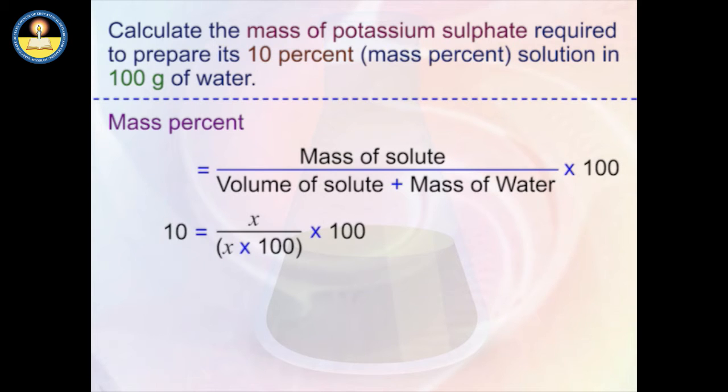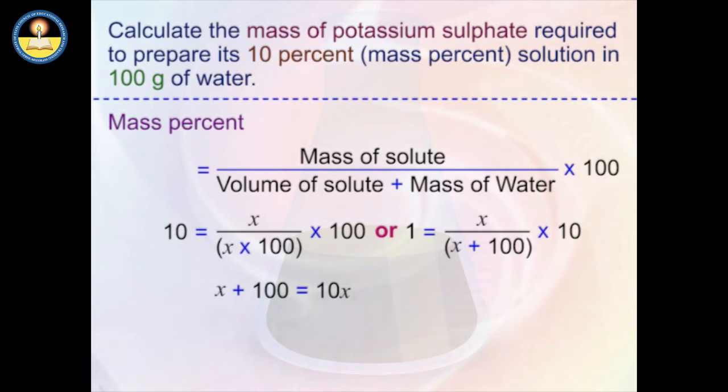10 is equal to x divided by x plus 100, multiplied by 100, or 1 equals x divided by x plus 100 multiplied by 10.